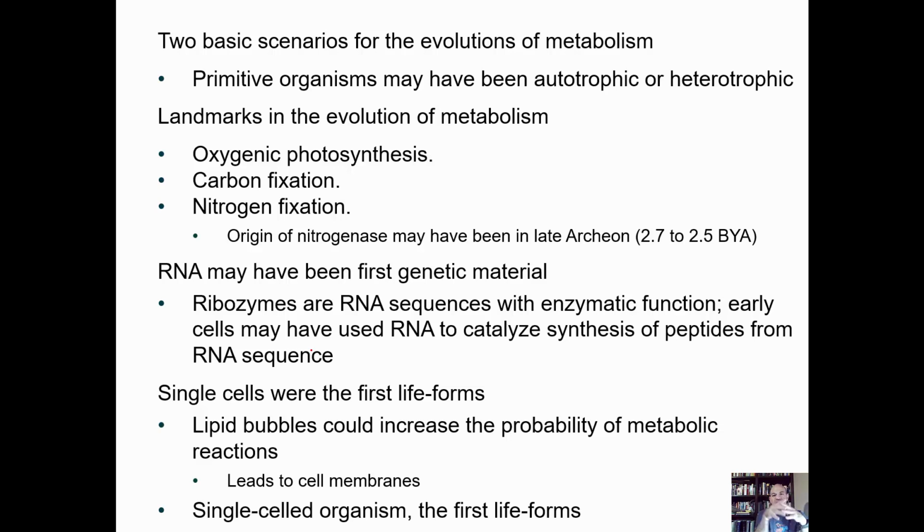If we just consider a basic metabolism, where compounds are made or broken down as energy is being used by the cell to do biological work, there are two basic scenarios. One is an autotrophic origin, so making your own food arose first, and then a heterotrophic origin.